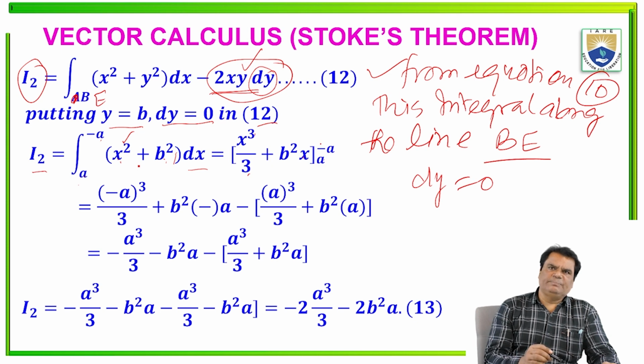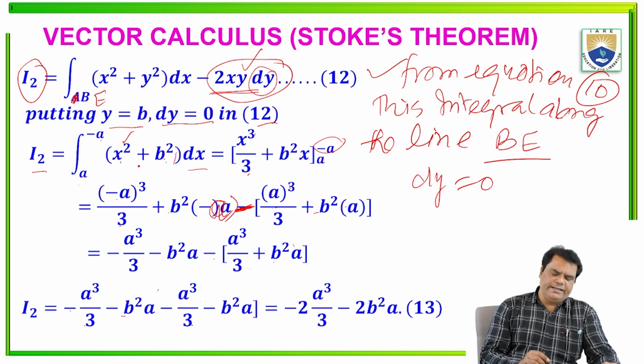Applying the limits a to minus a: putting x equal to minus a gives minus a cube by 3 minus b square a, and after applying the lower limit we take a minus sign: a cube by 3 plus b square a.